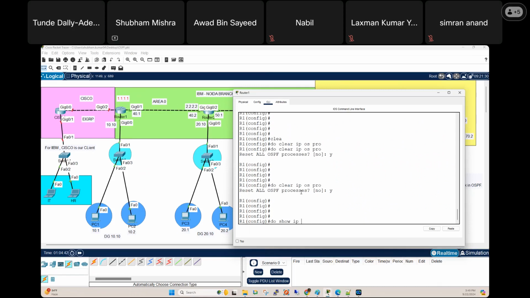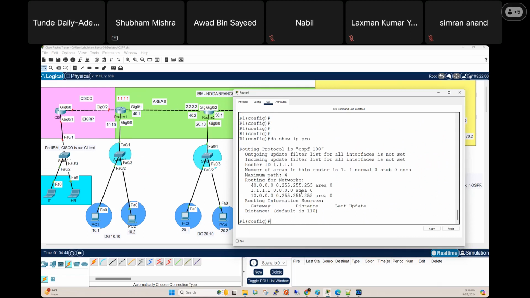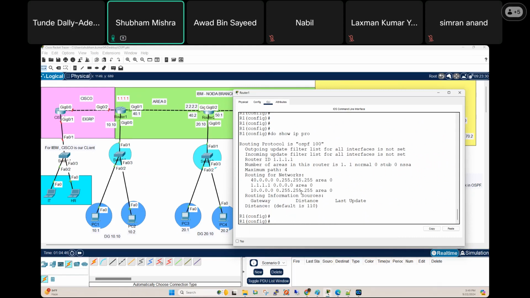Show IP protocol. That is the problem in Packet Tracer. But when you disable the loopback, what will be the router ID here? Tell me. The highest interface IP address, that is either 40.1 or 10.10. Which one? 40.1. So that should become the router ID. Getting my point, everyone? Yes or no? Yes.